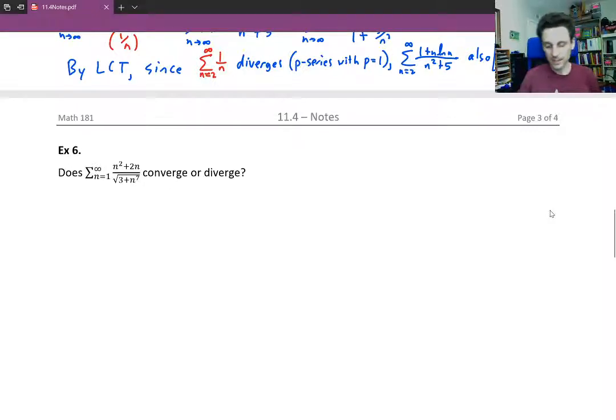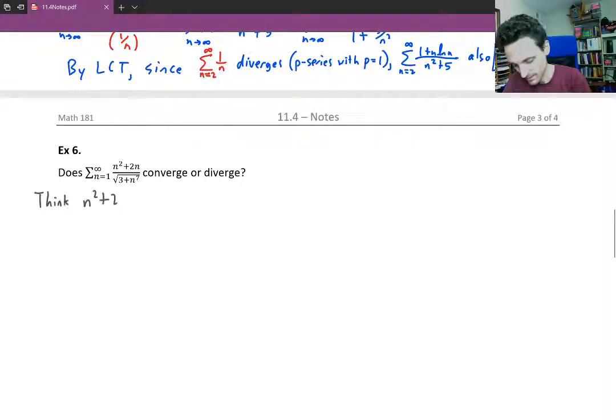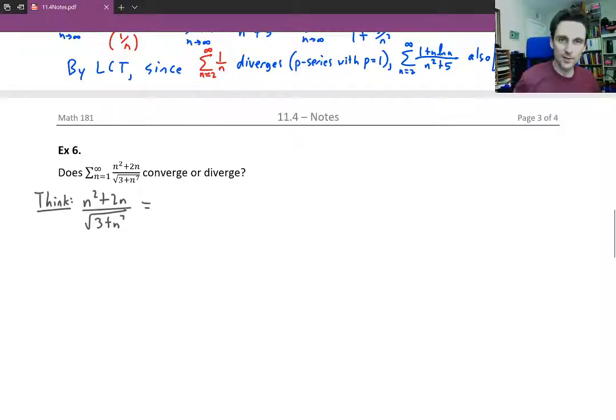Let's look at example 6. Here, once again, we're going to think in our heads, or on paper, all right, what's the leading term on the top? That's going to be n squared.